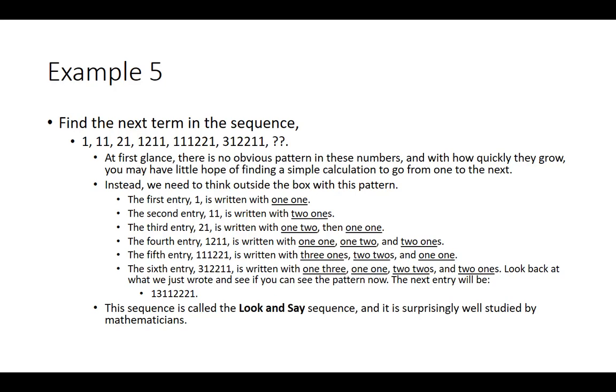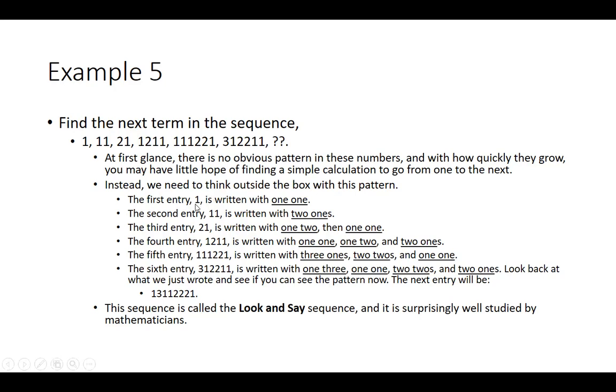And that's kind of a hint at how we would have to think about this pattern. The first entry, 1, is written with 1, 1. The second entry, 11, is written with 2 ones. The third entry, 21, is written with 1, 2, then 1, 1.